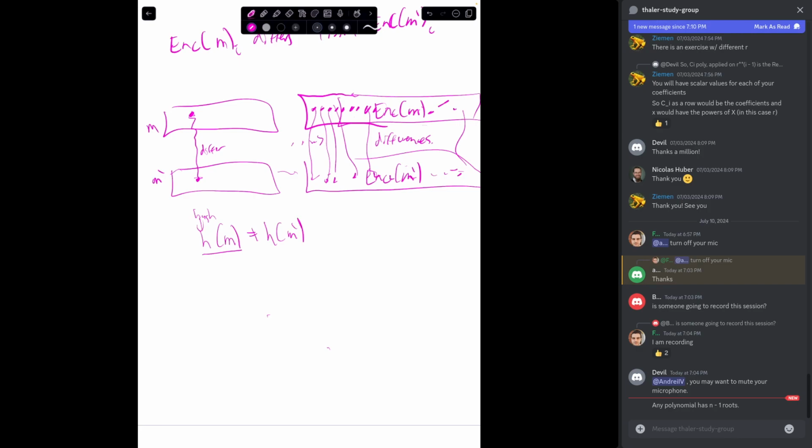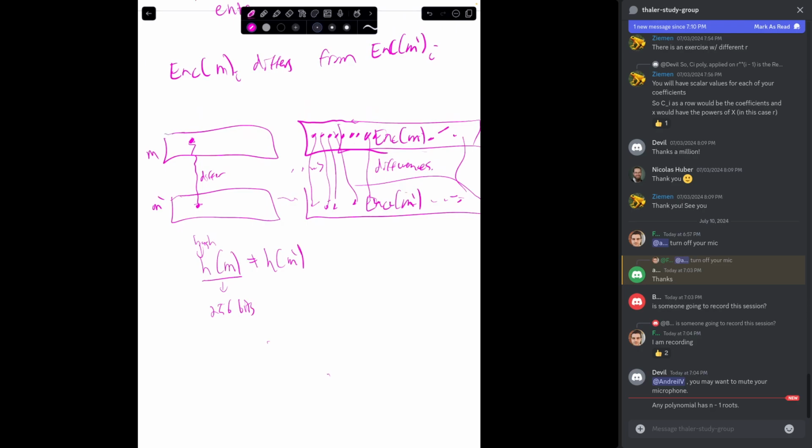But the hash outputs are typically pretty small, maybe 256 bits. Good hashes are somewhat related to error correcting codes, but they're not the same, because an error correcting code turns the message M into a much bigger object, a whole code word, and a hash actually does the opposite. It's compression. It compresses M down to just 256 bits.